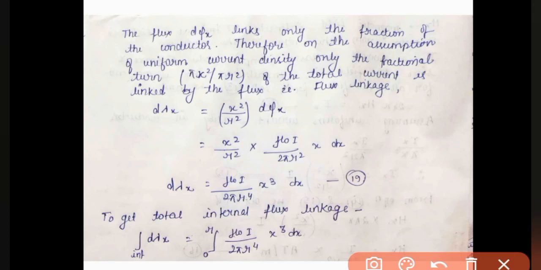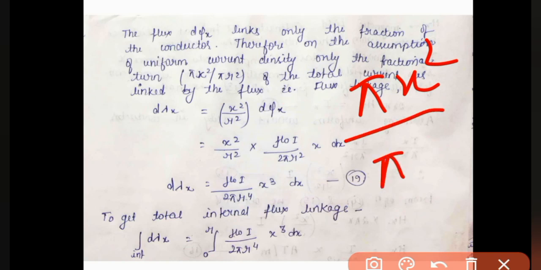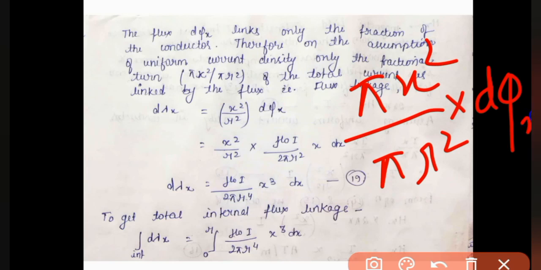Flux linkage is what, d lambda x, this is the flux linkage for that particular distance, that is dx region, it is equal to pi x square upon pi r square into d phi x, where the pi cancels.